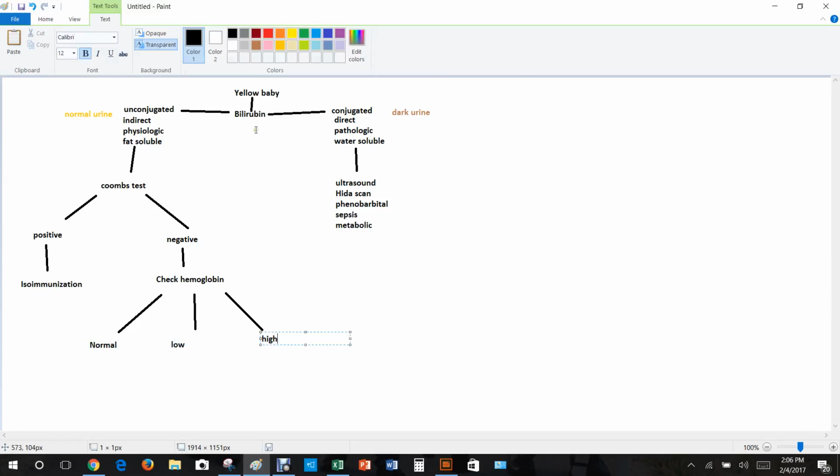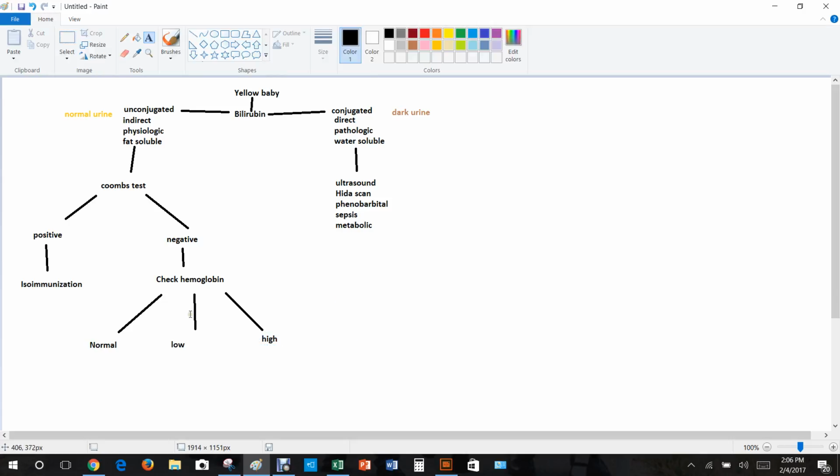So let's look at normal first. If the hemoglobin is normal, what does that tell us? Normal hemoglobin says that we need to check the reticulocyte count. Maybe I'll go down these other avenues first, actually, because the reticulocyte count one is a little bit longer. So sorry, let me go down these other ones first.